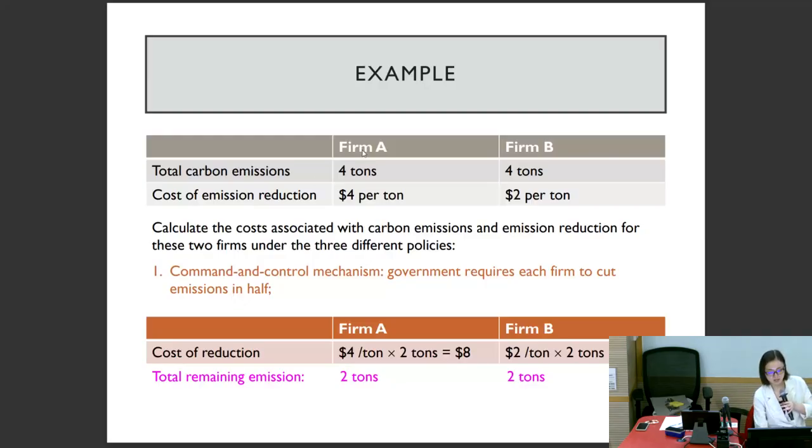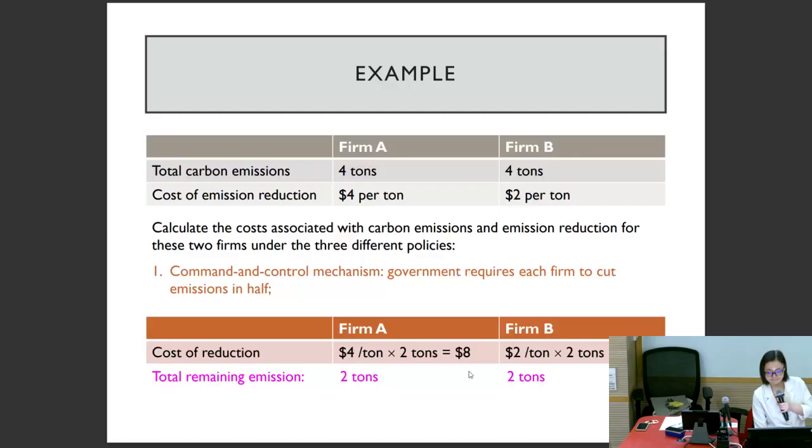So for firm A, the emissions is 4 tons. Cutting the emissions to half, then cutting to 2 tons. The cost of emissions reduction is $4 per ton, so by cutting 2 tons, the cost will be $8.